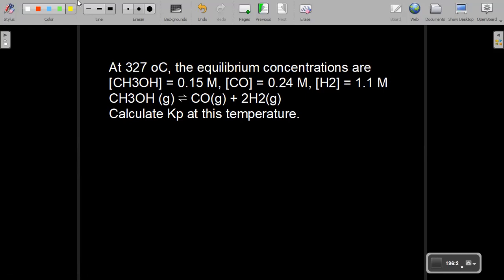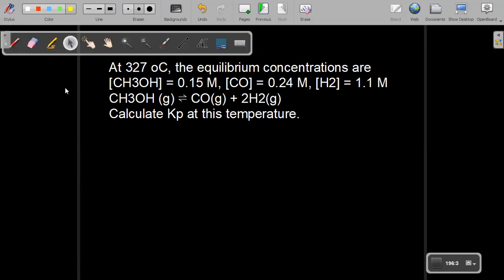So of course we know our K expression in terms of concentration is supposed to be. So in this case, our Kc will be given by, if you look at the products that we have, what are our products?